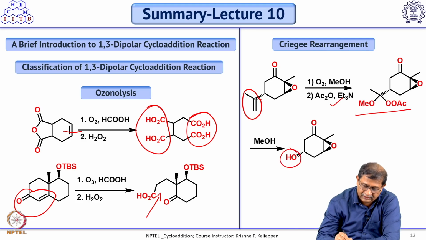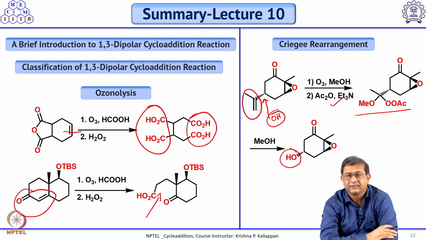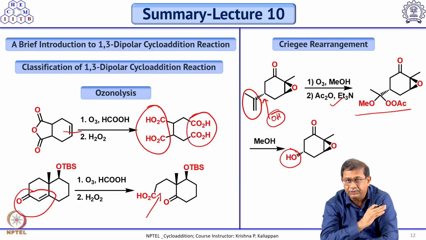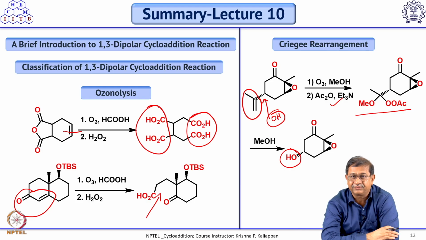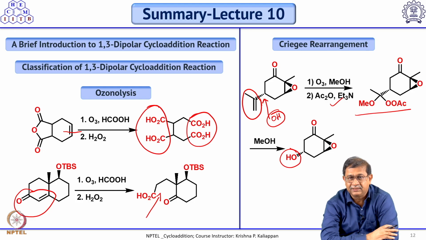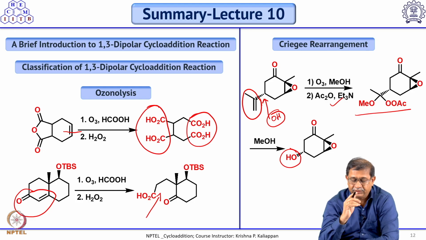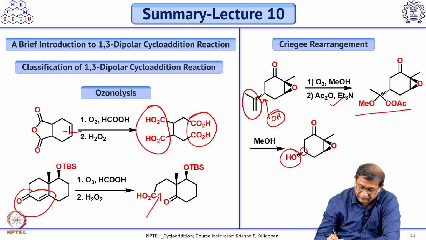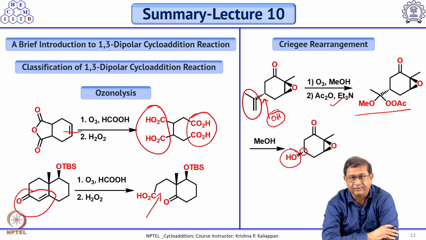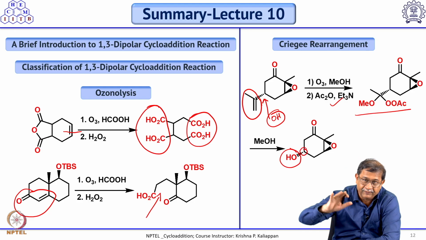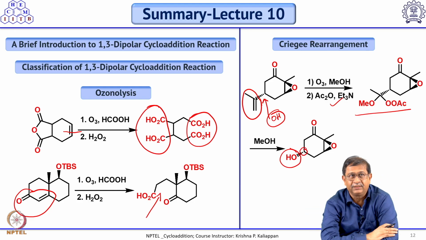Basically you can see what happens: this 2-propenyl group is replaced by an OH group. So this Criegee rearrangement is known to remove a 3 carbon unit, as in the case of carbon, and replace it with OH, and what is important is the retention of stereochemistry. The 2-propenyl group in this is alpha, and the hydroxyl group also is alpha.